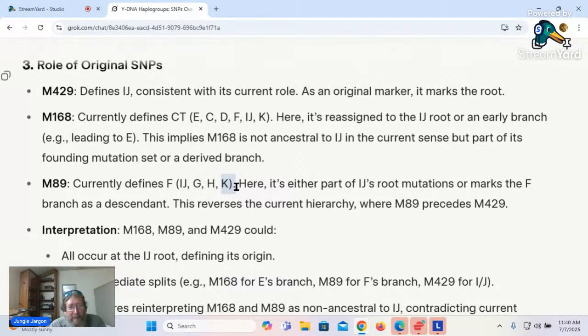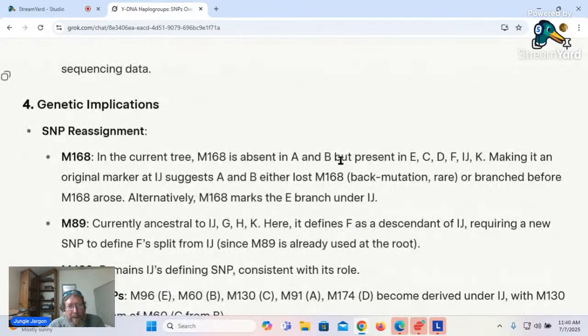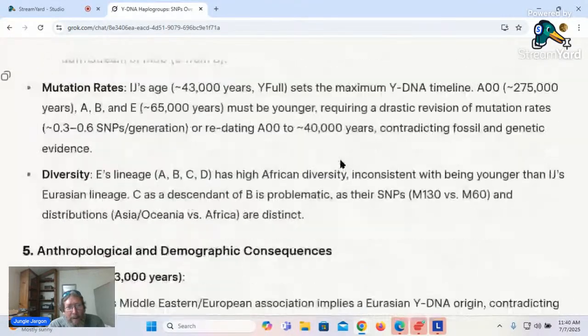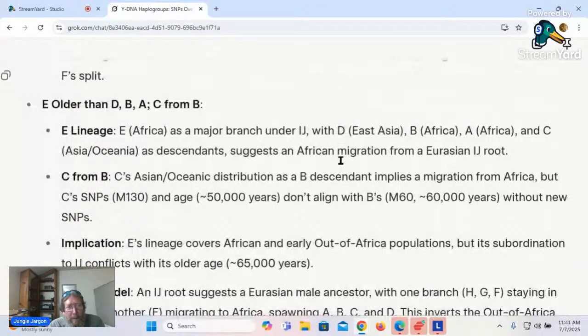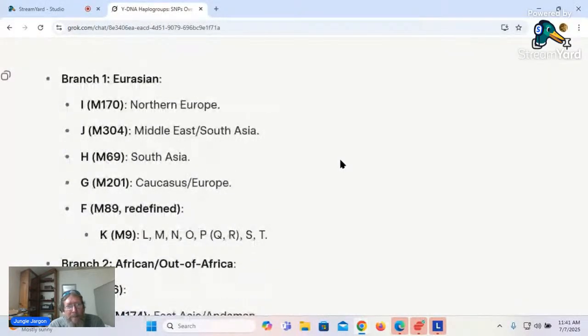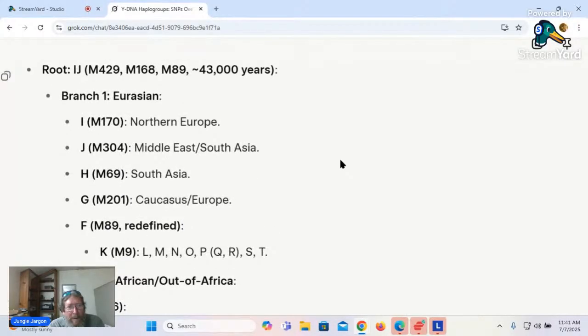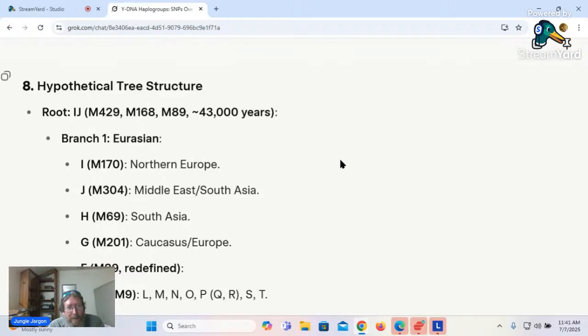Eurasian is all the K: K, elemental, PQ, RS, and T. I'm going to have to tell them, hold on. Branch 1, Eurasian. Here we go with Eurasian again. Why does it say Eurasian? It's not Eurasian, it's Semitic. Of course, because this is the Cohen modal haplotype, it's Semitic.